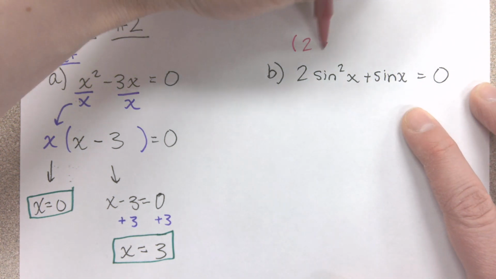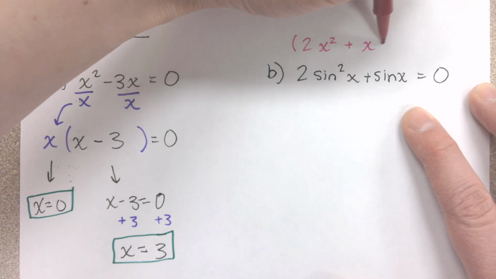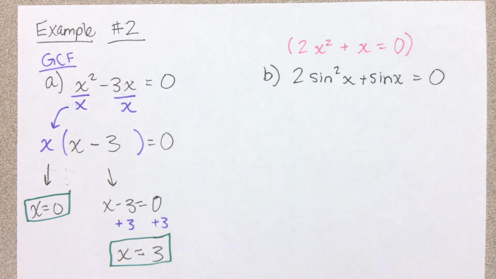So this would be 2x squared plus x equals 0. Just to kind of give you an idea of where to proceed, just use that method carefully. Some students just straight up solve for x and forget to put the trig functions back in and continue solving from there. So it's helpful, but again, use it carefully.